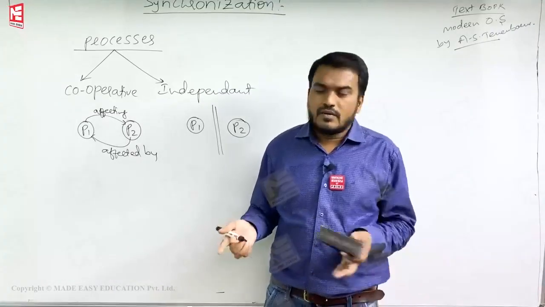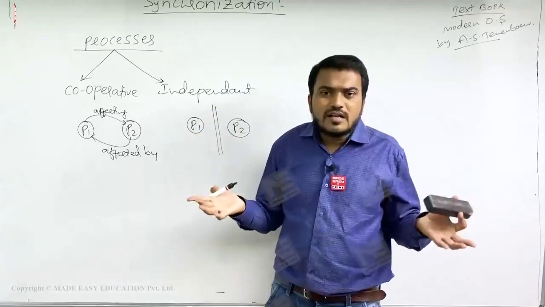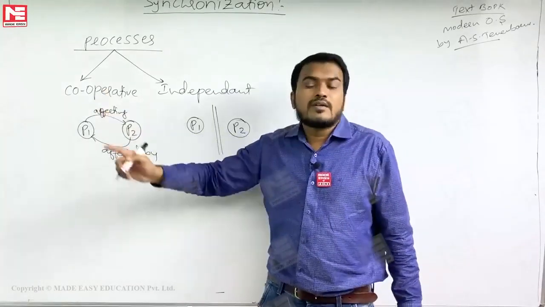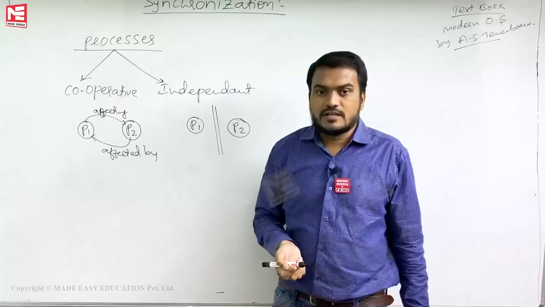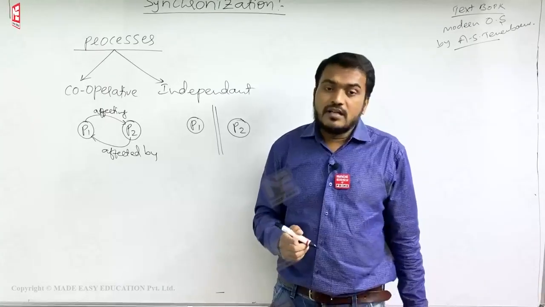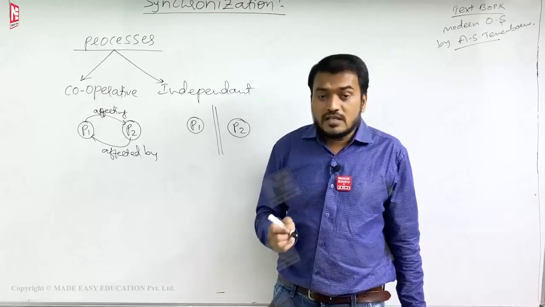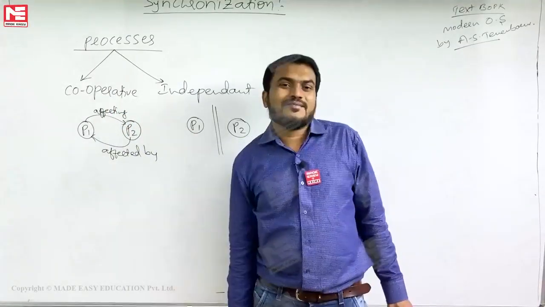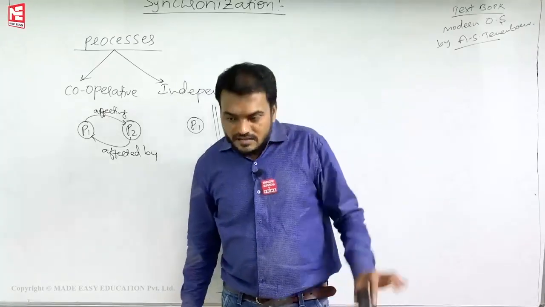No. Because when you don't have any shared resource or shared data, you don't require any synchronization. So only with cooperative processes can you implement synchronization. Is that clear? I am repeating, in order to implement synchronization, the processes must be cooperative processes.